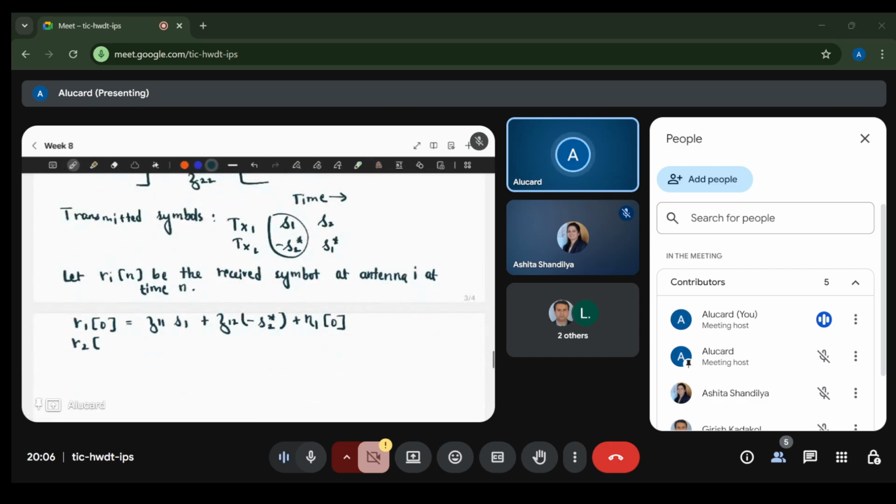Similarly, R20 is Z21 S1 plus Z22 times minus S2 conjugate plus noise.